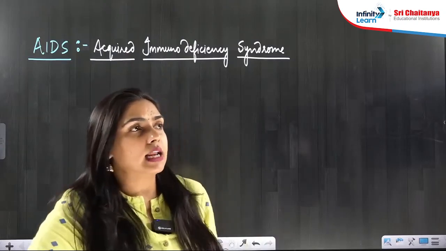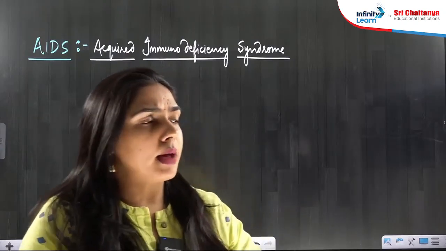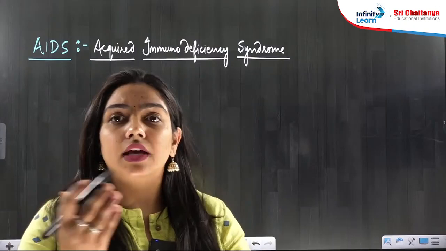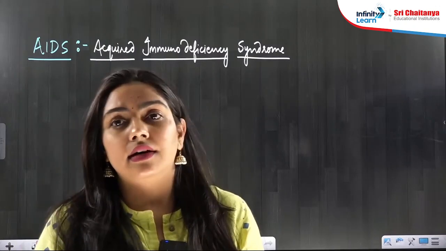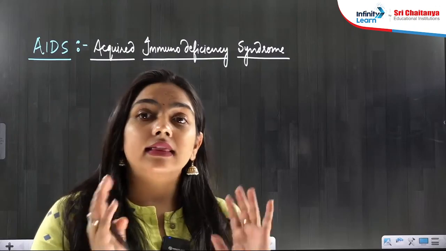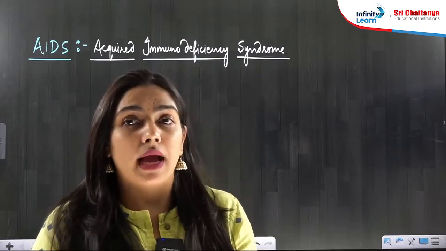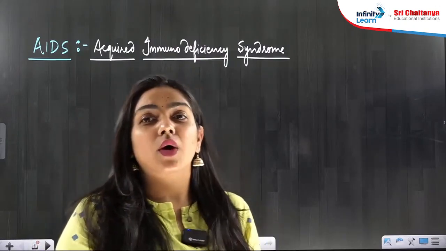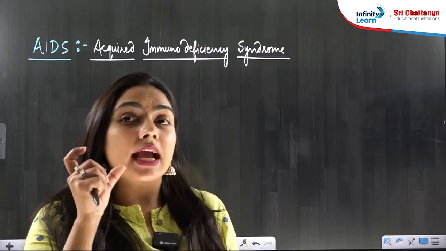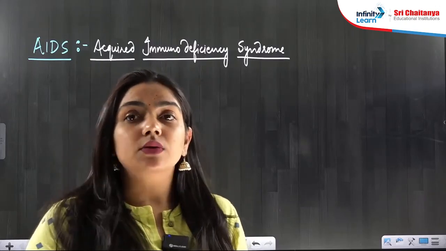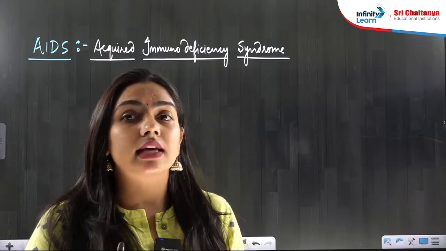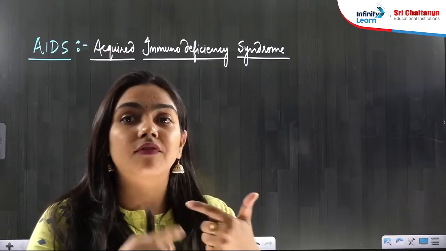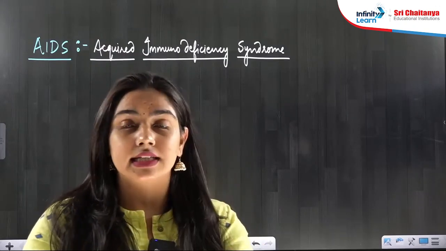Then you will tell me, ma'am, we have heard that if there is an HIV infected mother, the fetus can get the infection. So at that time it will be by birth, right? So now when we say acquired, we mean to say that it is not genetic. We mean that it is acquired after birth. It is not a genetic disease.